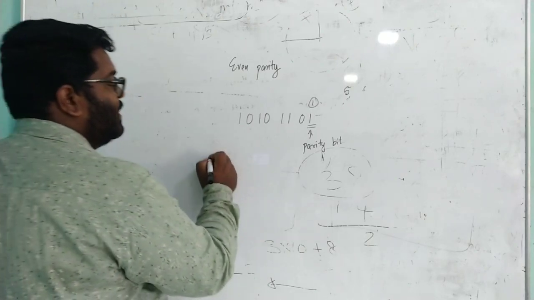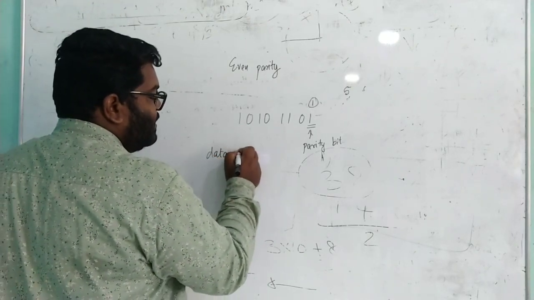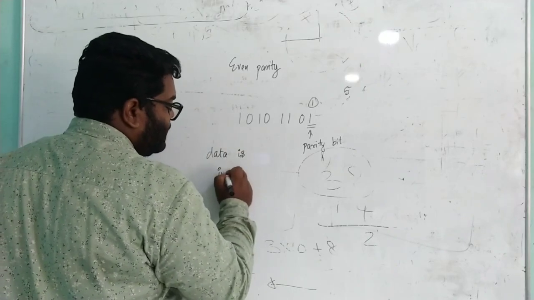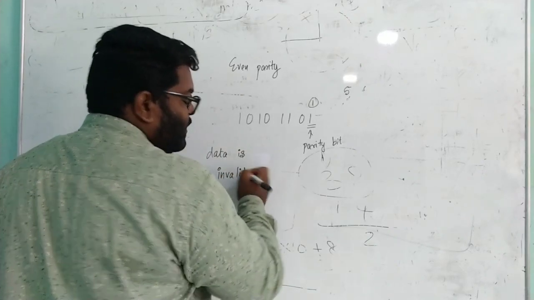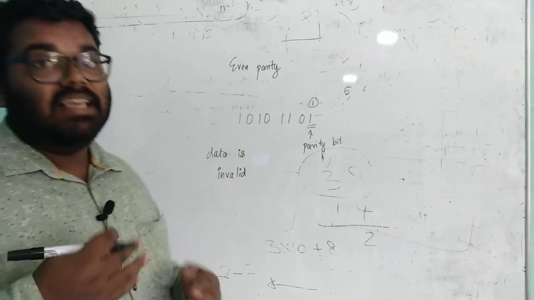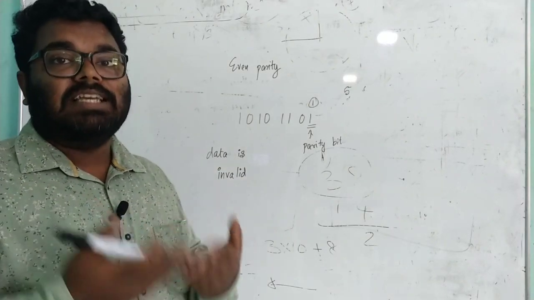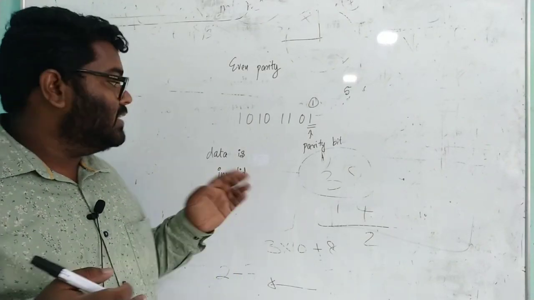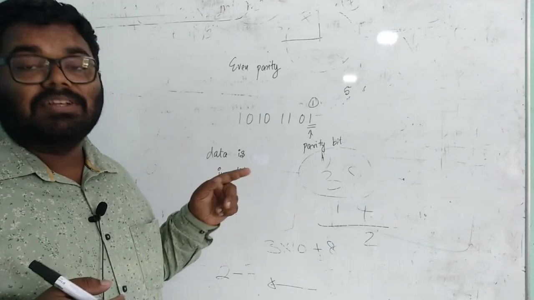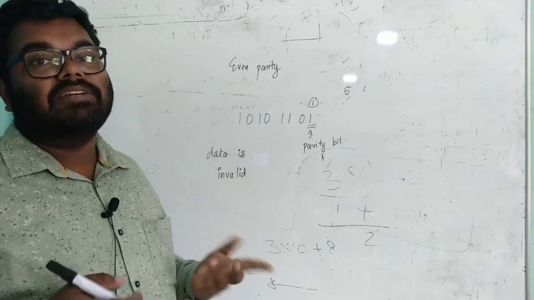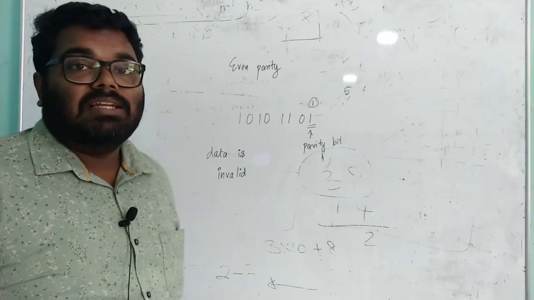So in this case data is invalid. Simple as that. Just count the number of ones. If it is even, then it follows the even parity and the data is valid. But here we got 5 ones which is not even, and data becomes invalid.